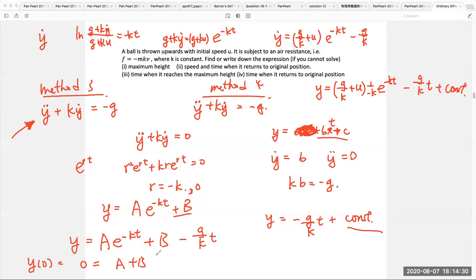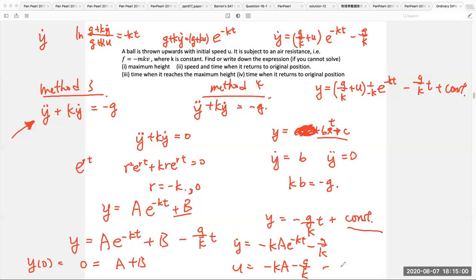And then you differentiate once. Then you substitute t equals 0, you get u here. Then you try to solve it, and you will get the answer. I think you'll get the same answer here.